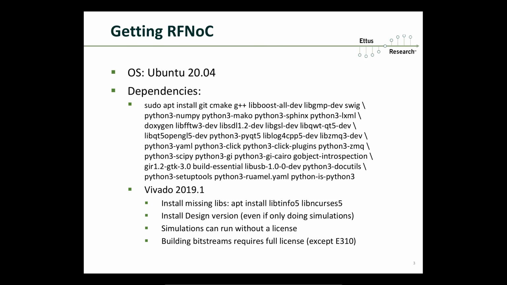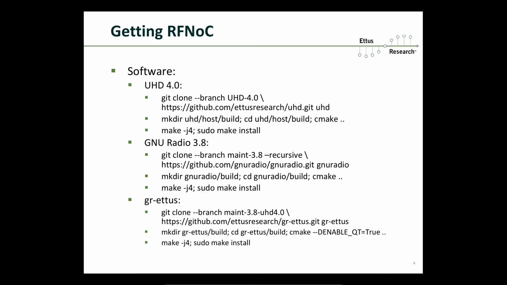You also need to install the design version, not the Webpack version, even if you're only doing simulations. Now, simulations can be run without a license, but if you're building bit streams, that does require a full license. I've already installed the dependencies and Vivado, so let's move on to installing the software components for rfnoc.